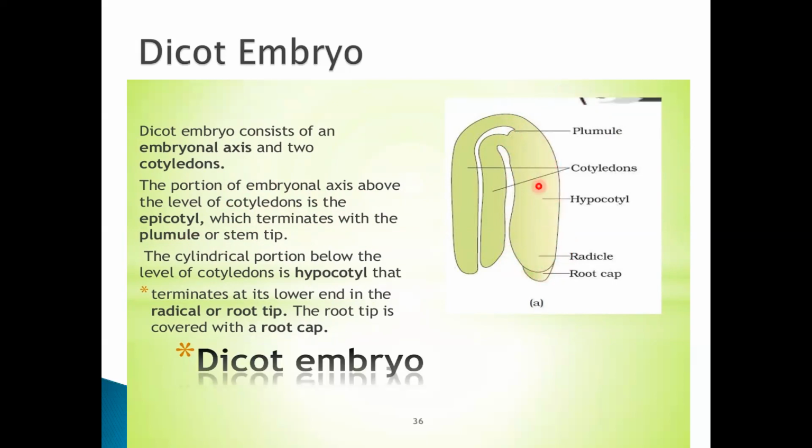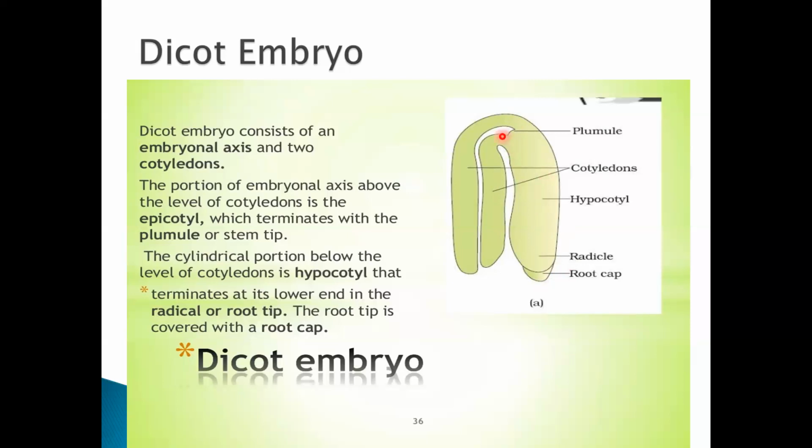It is present below the level of the cotyledons and terminates at the radicle part, the lower end, the radicle or root tip. The root tip is covered with a root cap. So the cylindrical part is the hypocotyl.